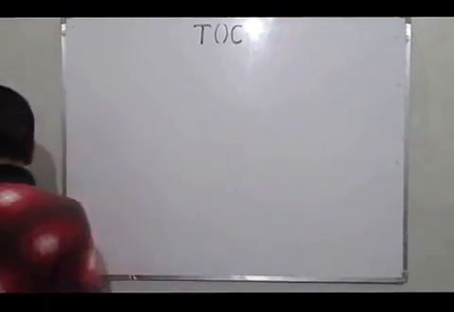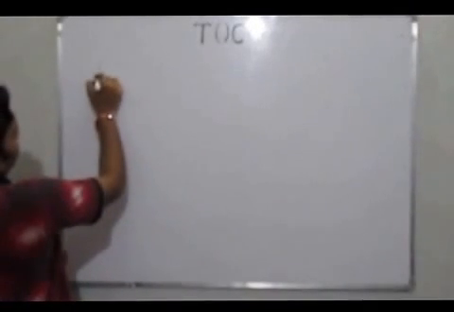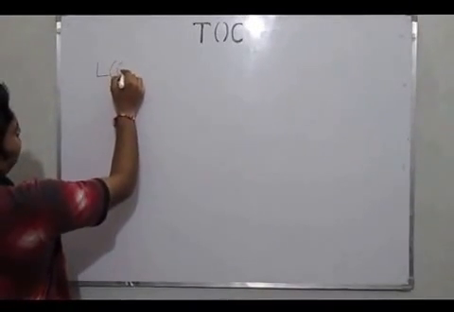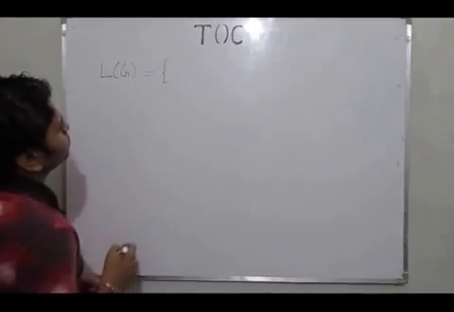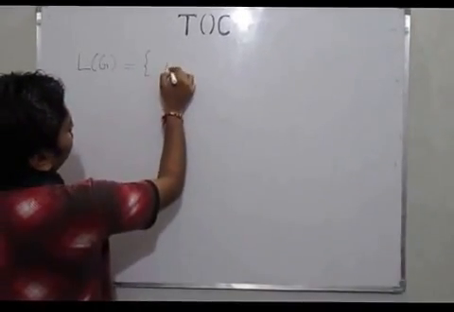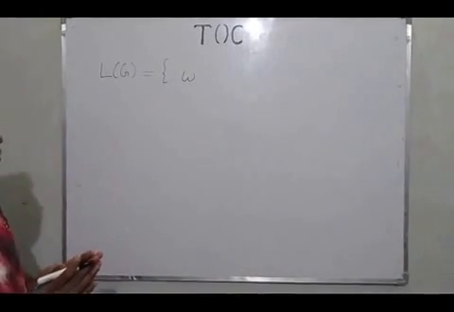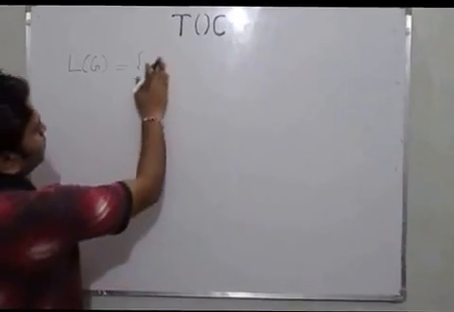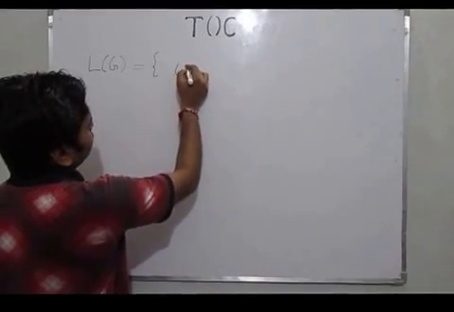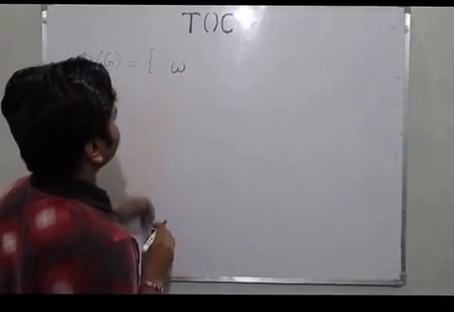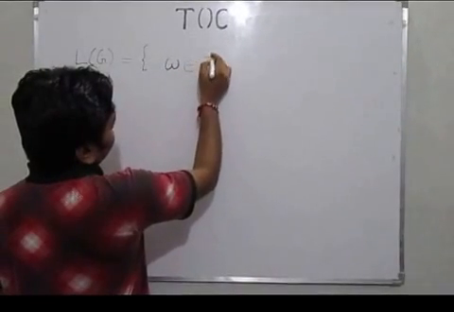So before taking an example, we can define grammar for a language in this fashion also: for a given grammar, we always obtain a collection of strings as a language, and these strings basically belong to terminals.